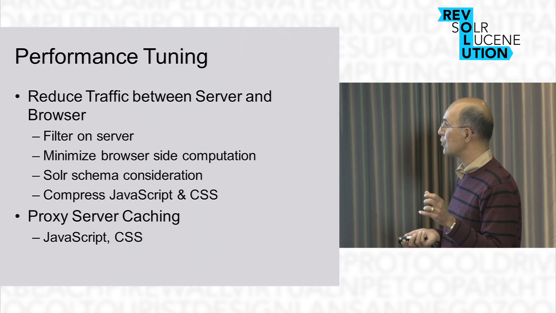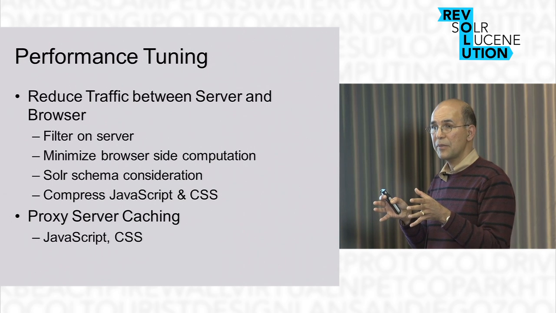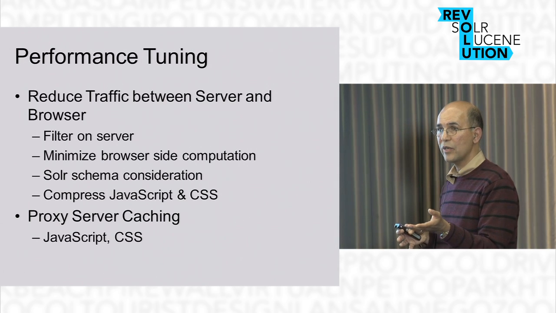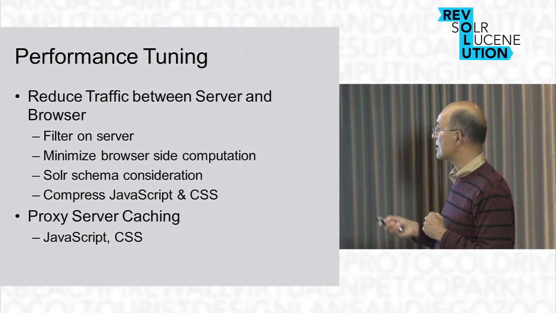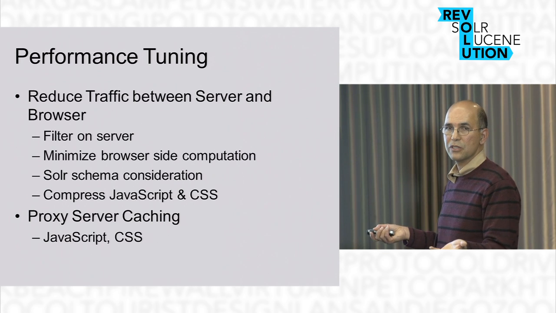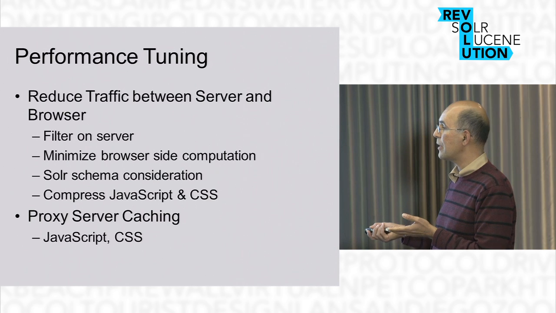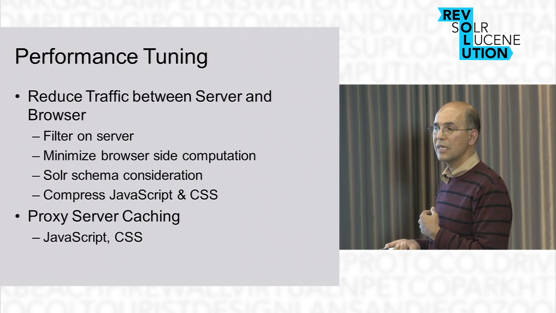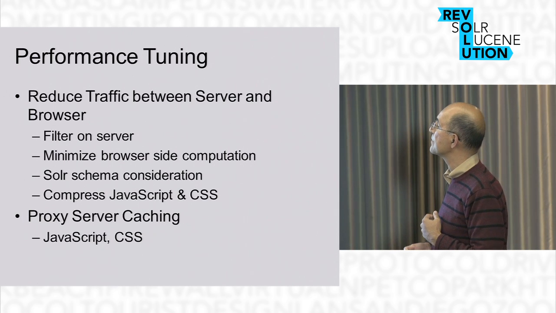Also remember to use utilities to compress your JavaScript. Yahoo has a utility that does that for you. Keep that in mind, as well as CSS. If you are using a proxy, which we did anyway, you can use the proxy's caching functionality to cache JavaScript and CSS. That's another thing to keep in mind.